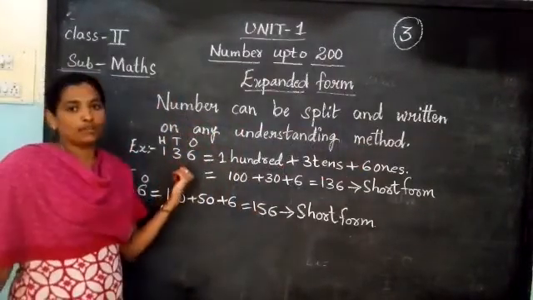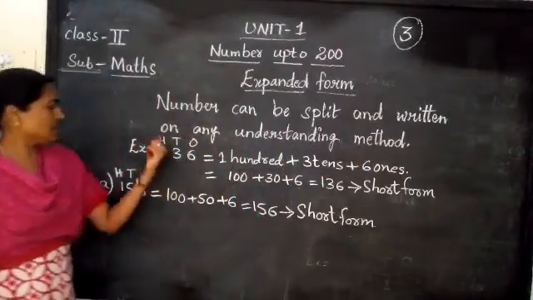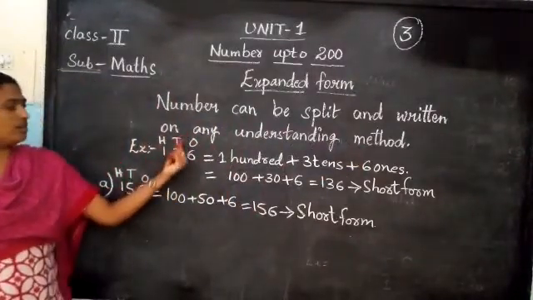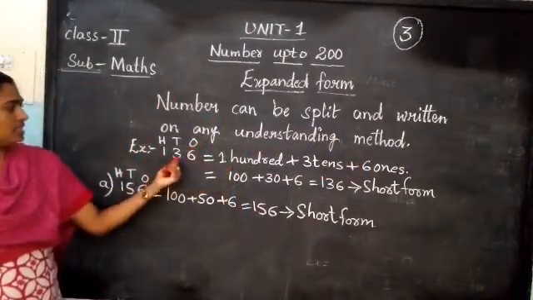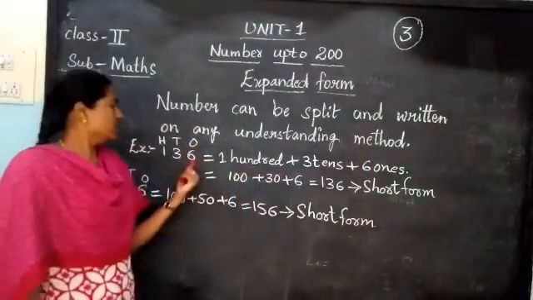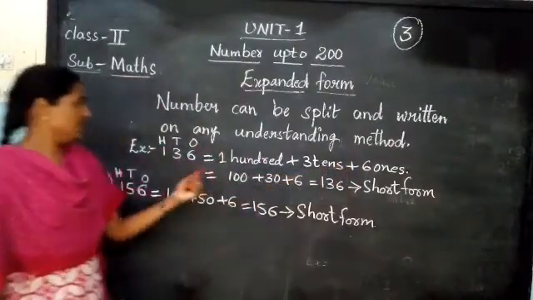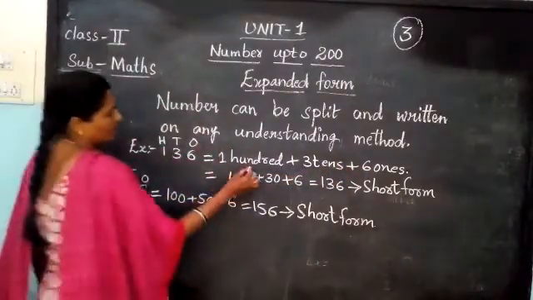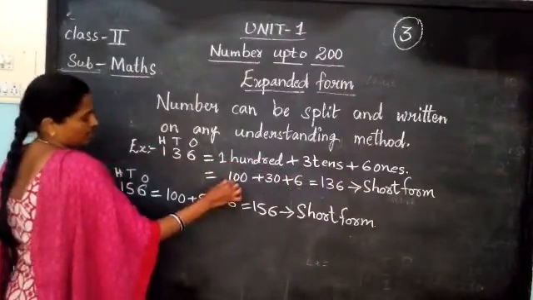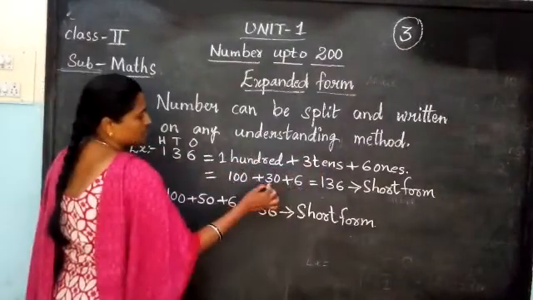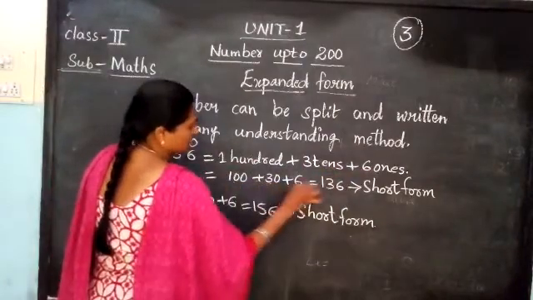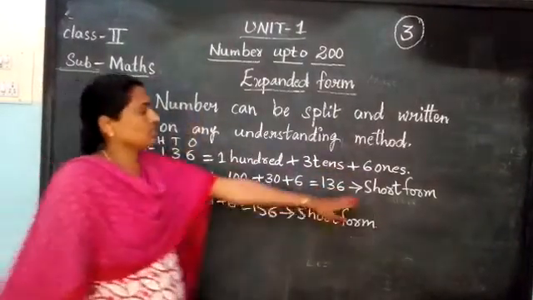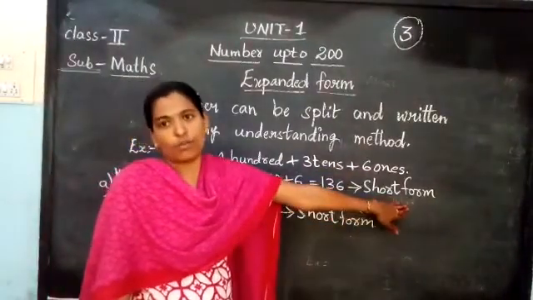One example I have told. 1 is in hundreds column, 3 is in tens column, 6 is in ones column. 100 plus 3 into 10, 3 tens, plus 6 ones is equal to, no need to write the number name again. You can write 100 plus 3 tens means 30, plus 6 ones means 6, is equal to 136. You call this a short form also.